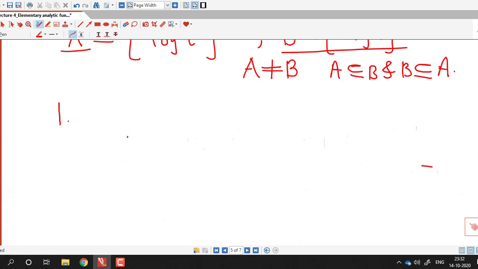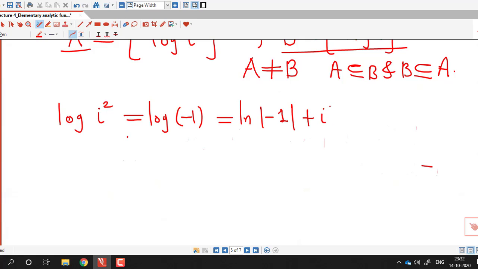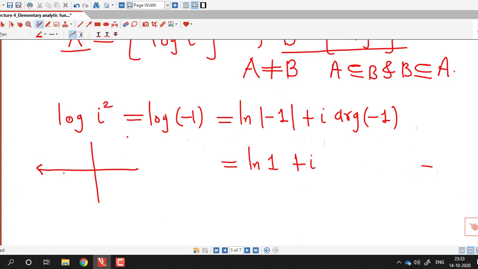So we start by definition. Now log of I square means log of minus 1, which is by definition ln of the absolute value of minus 1 plus I into the argument of minus 1. As we know, the absolute value of minus 1 is 1 and the argument of minus 1 is going to be pi, as we just discussed in the previous example.